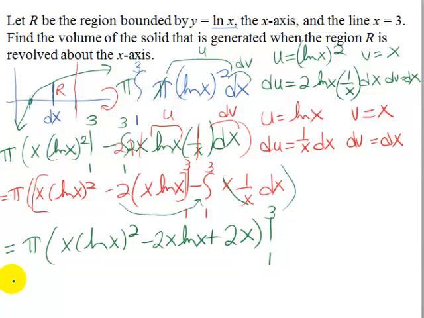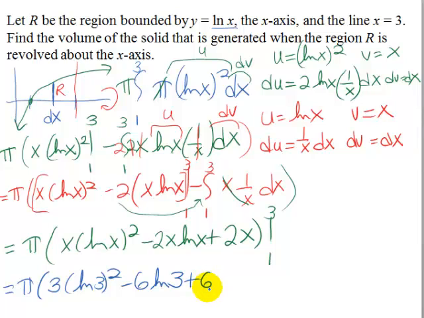Now if we evaluate that, we have our upper limit 3 natural log of 3 squared, minus 6 natural log of 3, plus 6, and then minus our lower limit, but we have the natural log of 1, which is 0, and the second term here we have natural log of 1 again.